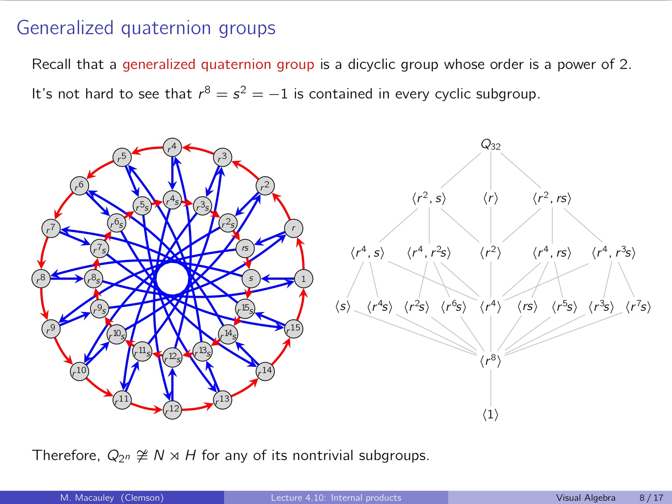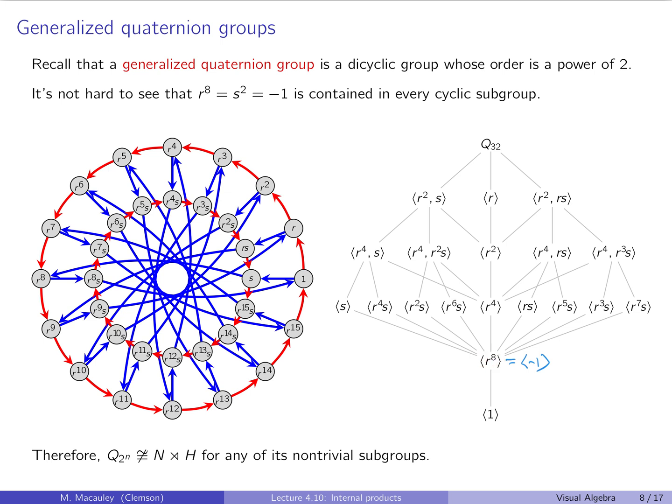And the important one, to me anyways, is that any 2 non-trivial subgroups will intersect in at least this order 2, or the unique order 2 subgroup, which you can think of as generated by -1. So if you take any of these order 4 elements in the inner ring, the square of it is R8.